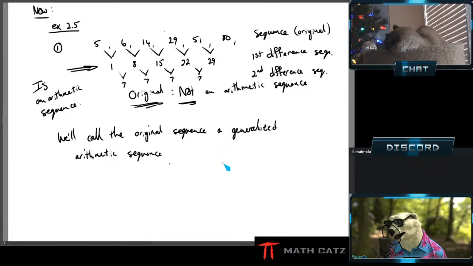Now I admittedly ran out of space here, because that question asks me, I believe, to find the next two terms. I'm going to need some space here, so let me erase.